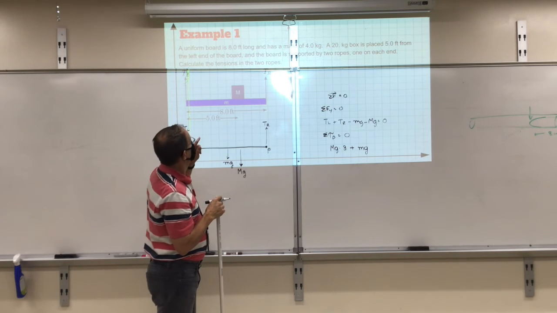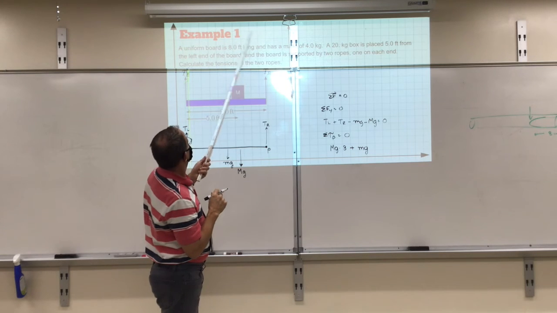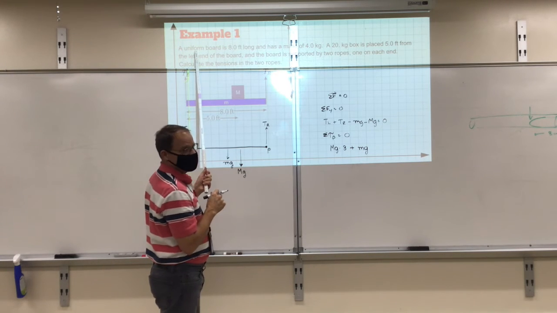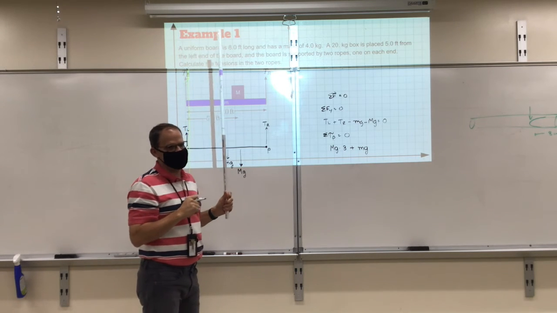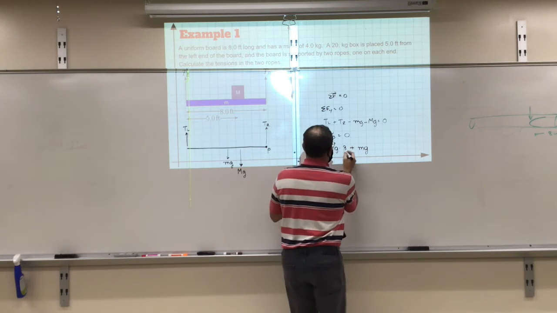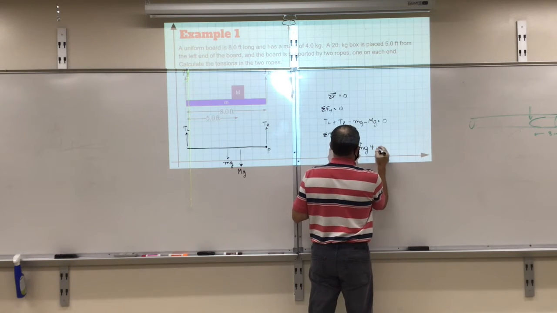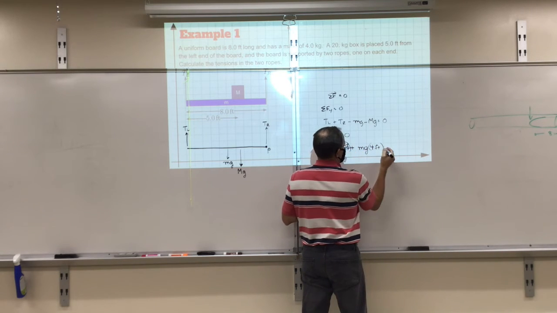Alex? It's uniform, so its center of mass is at its middle. There you go, which is 4. So big mg times 3 plus little mg times 4 feet. I guess I should put feet there.